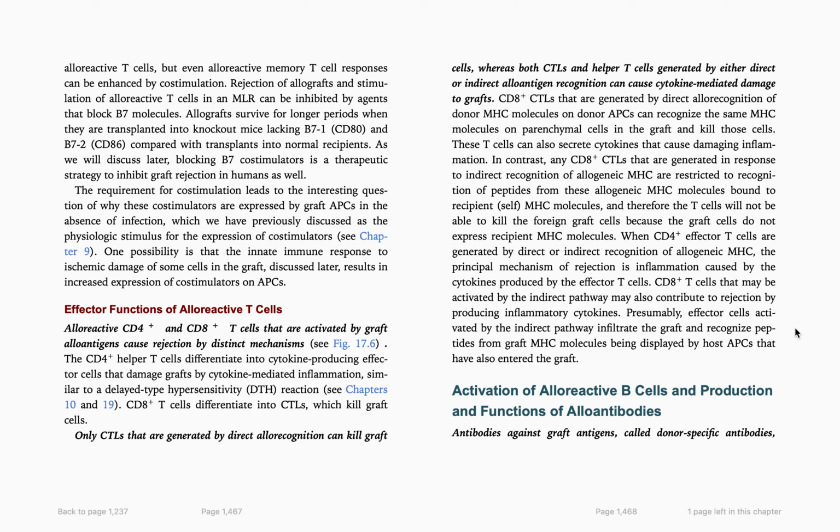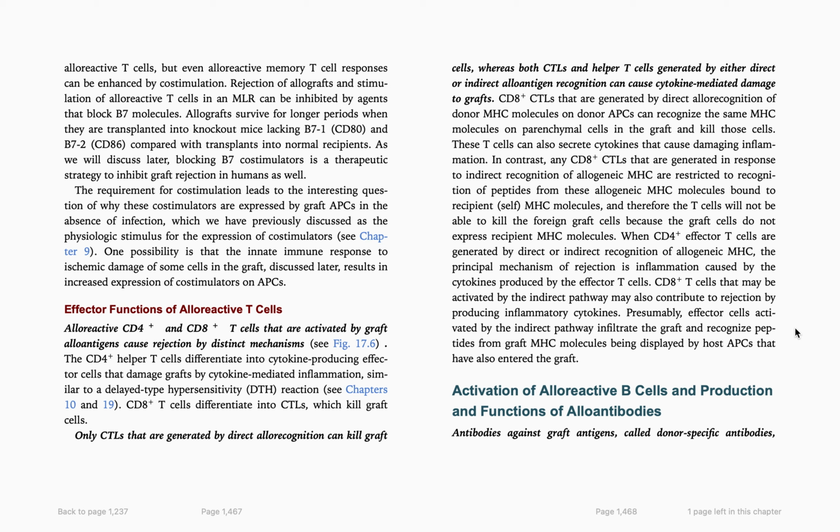Only cytotoxic T lymphocytes that are generated by direct allorecognition can kill graft cells, whereas both CTLs and helper T cells generated by either direct or indirect alloantigen recognition can cause cytokine-mediated damage to the graft. CD8 cytotoxic T cells that are generated by direct allorecognition of donor MHC molecules on donor antigen-presenting cells can recognize the same MHC molecules on parenchymal cells in the graft and kill those cells.